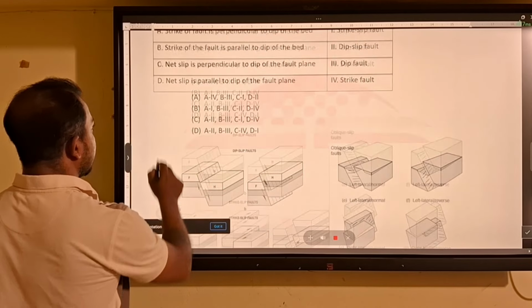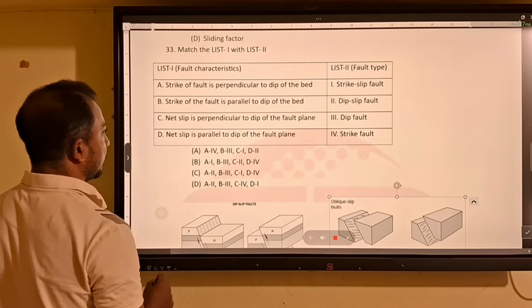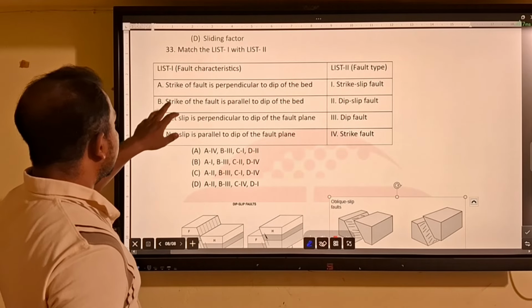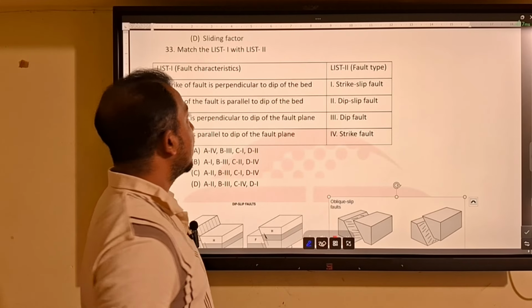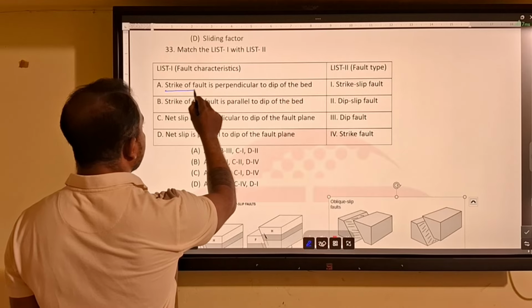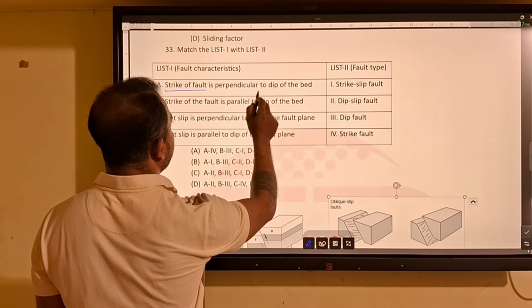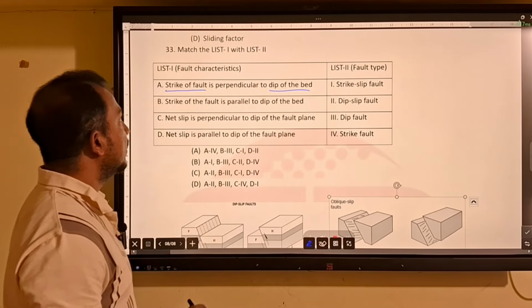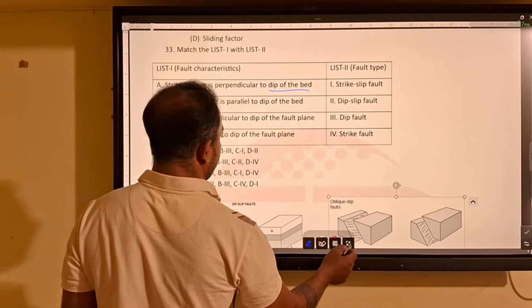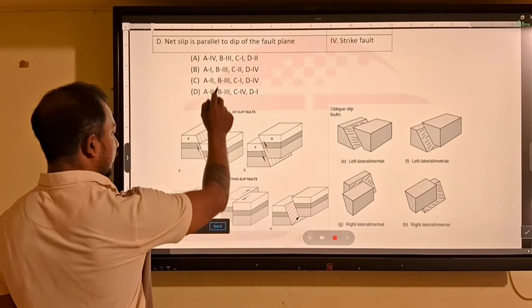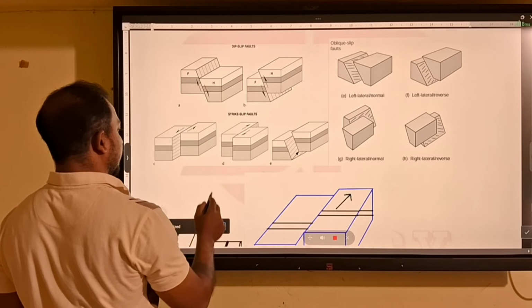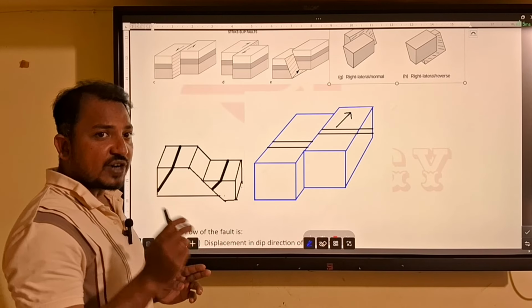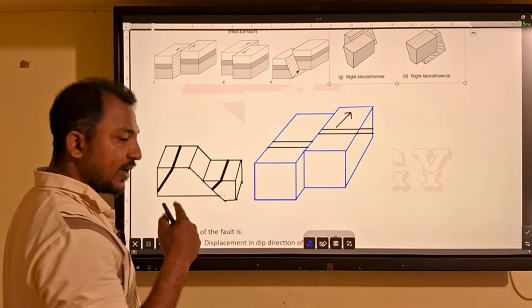So let's see the question. It is given that the strike of the fault is perpendicular to the dip of the bed.